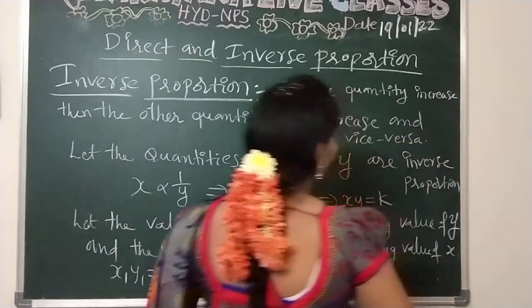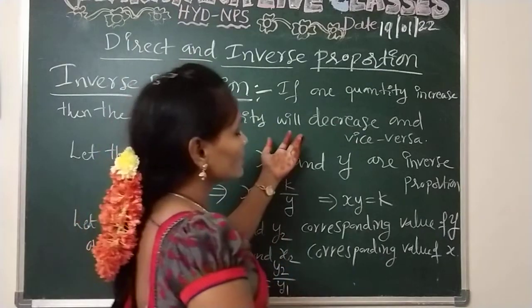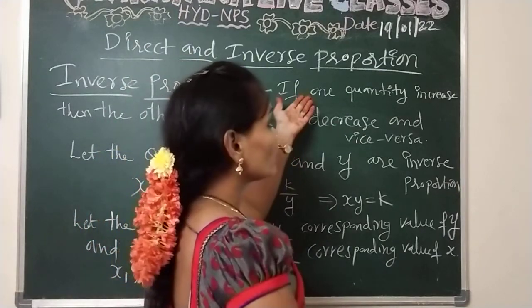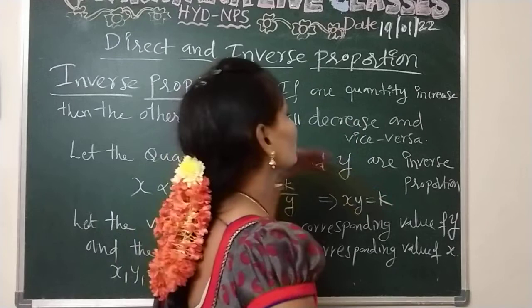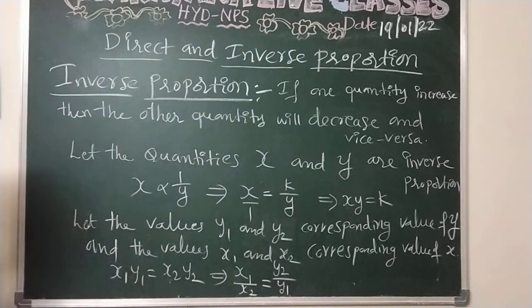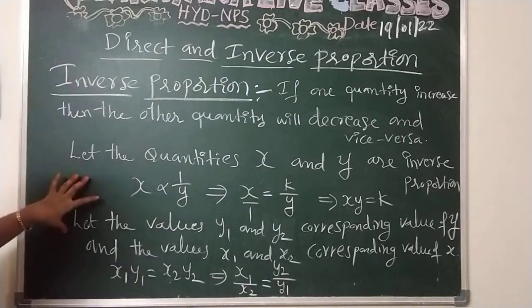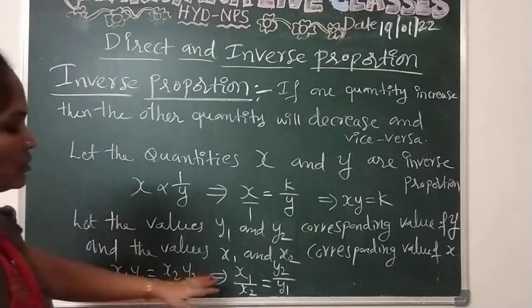In the sense of reverse, if one quantity increases, the other quantity will decrease, as I said. If one quantity decreases, the other quantity will increase, that is called vice versa. So this is the definition of inverse proportion, and this is the formula of inverse proportion.